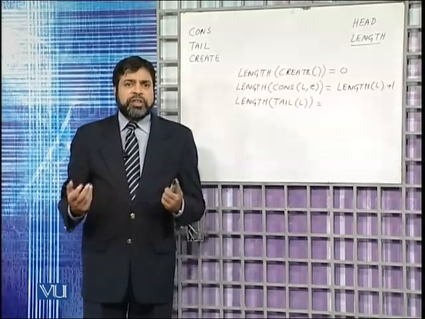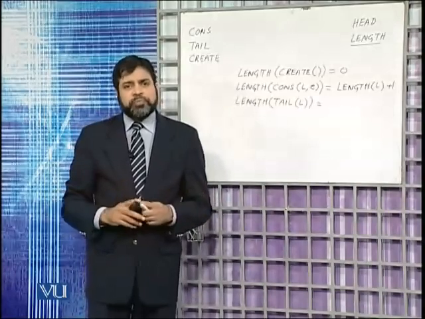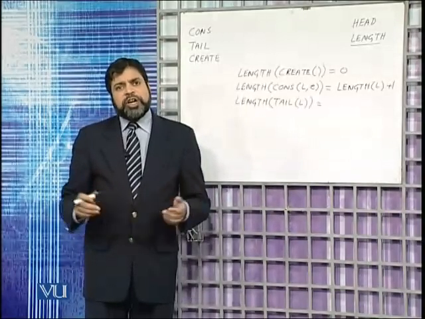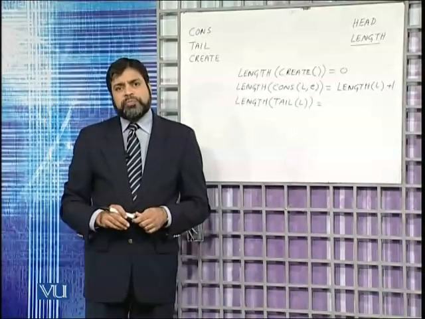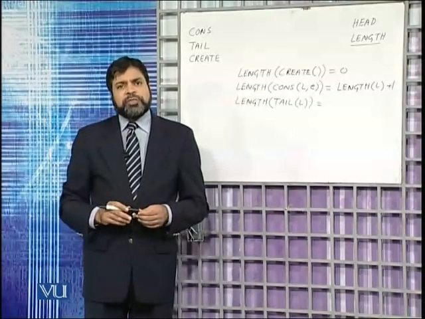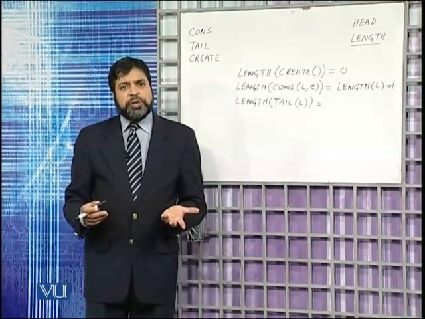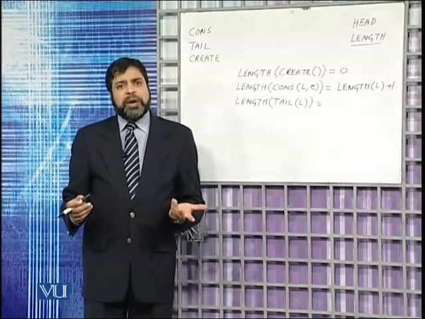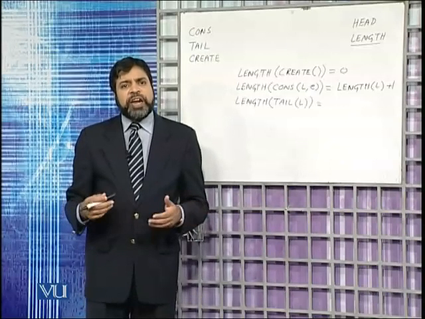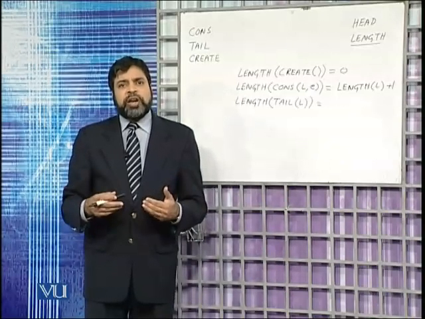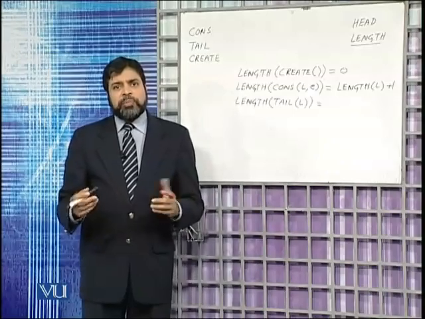So it should be the length of the old list minus 1. Unfortunately, the answer is not that simple. What happens if the old list is empty? If the old list is empty, we will get an empty list back. Otherwise, we get the length of the old list minus 1 back.